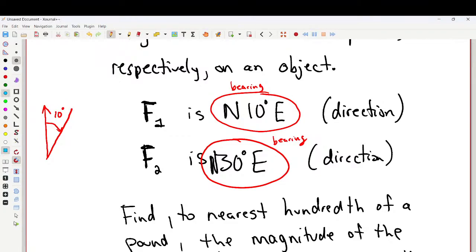This angle down here tells us to face north and rotate 30 degrees towards the east. That's probably too big, but something like that, right? So here's the angle right here.